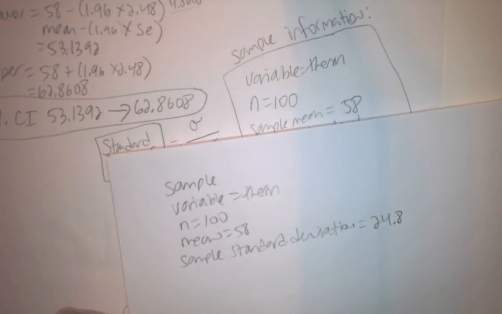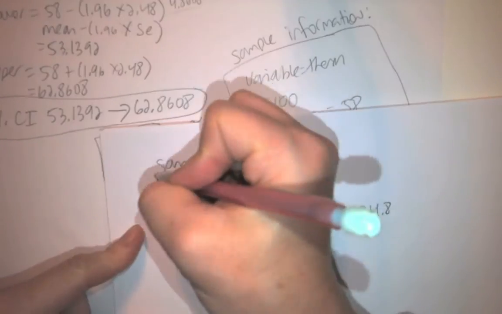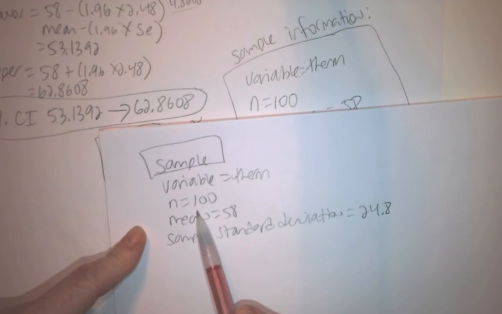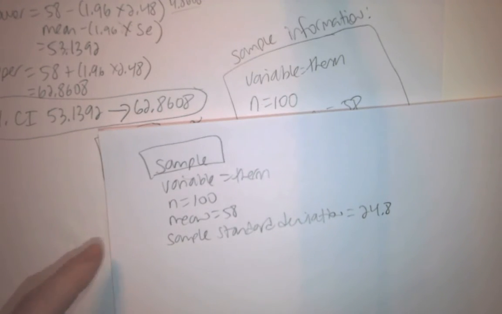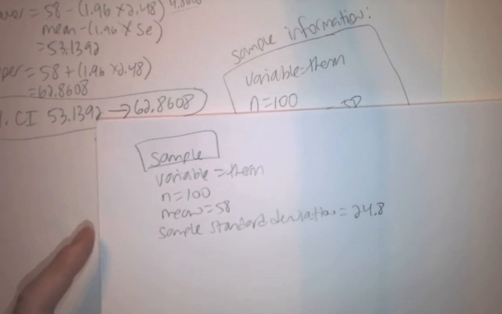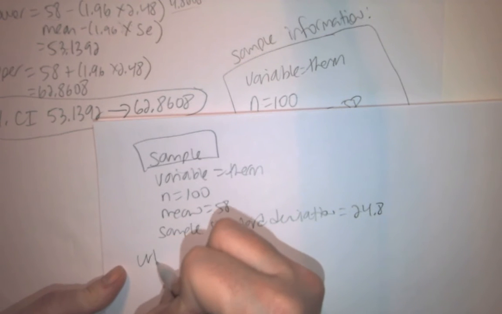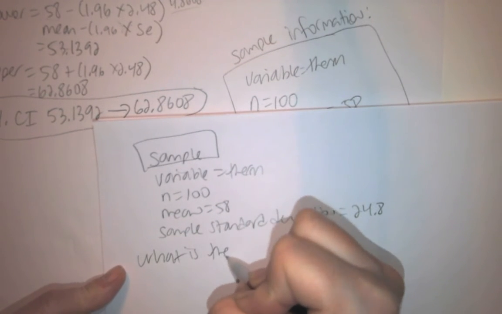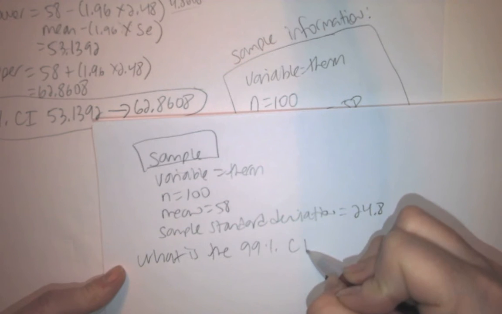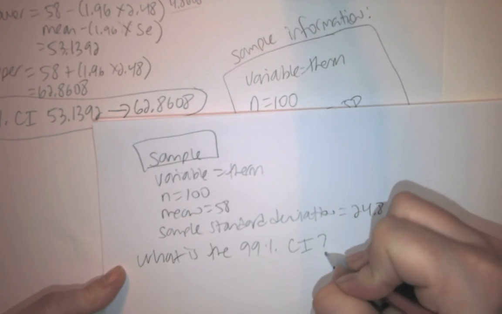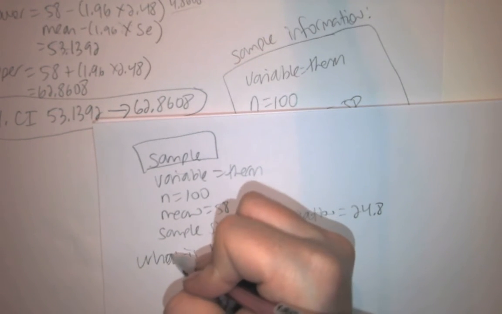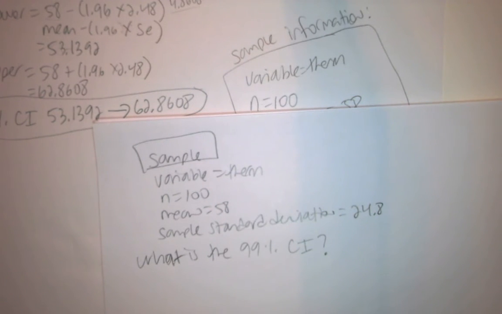So if I give you this sample, this variable, this n, this mean, and this sample standard deviation, how confident can you be in a particular range of answers? Or, what is the range of data within the 99% confidence interval?